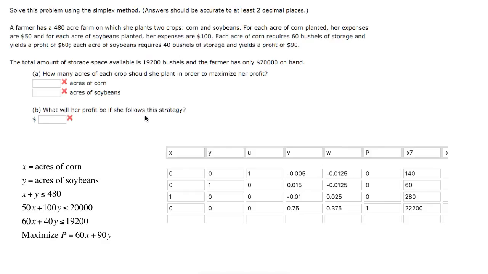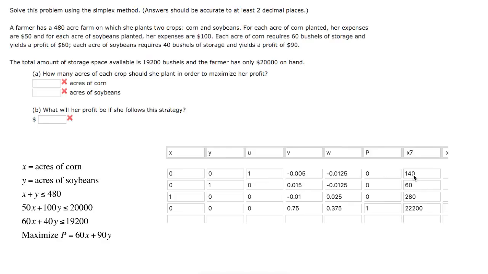What will her profit be if she follows this strategy? The maximum profit, here's the 1 in the P column, $22,200. So that would be her profit. We're not asked the question here about unused land, but if we were, we can look at the final tableau and see that U in the final tableau corresponds to 140.